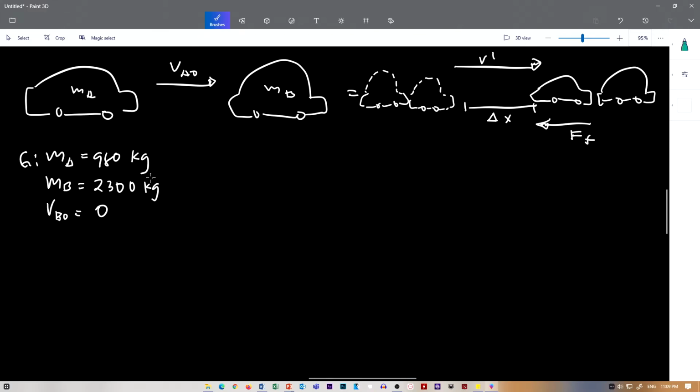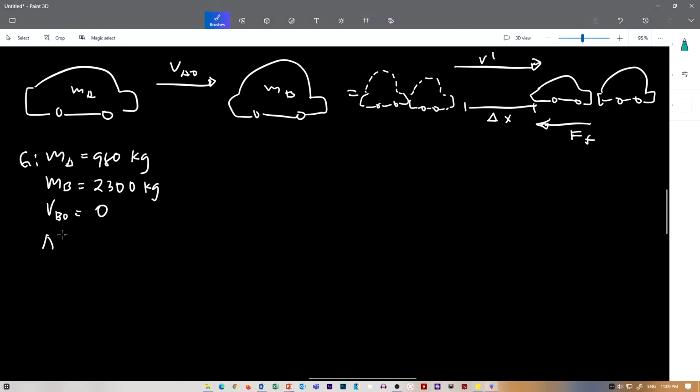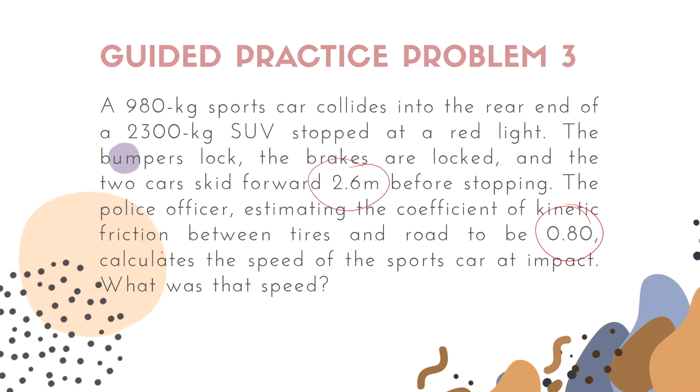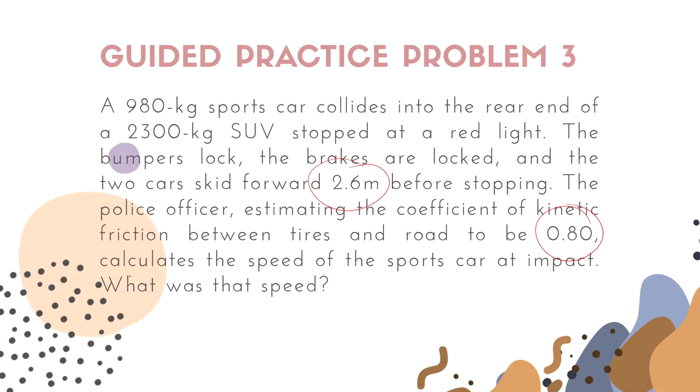After that you have displacement, delta x, which is 2.6 meters. Then you have coefficient of kinetic friction, mu sub k equal to 0.80.